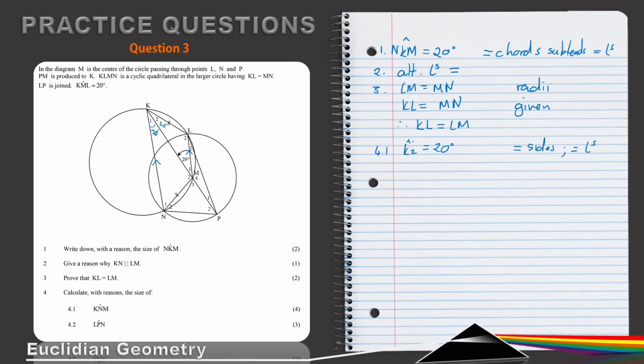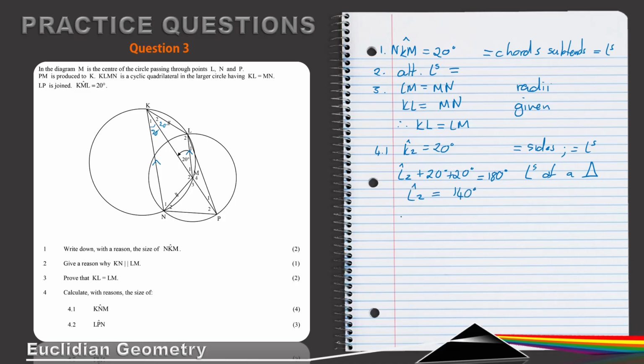right? Then we can say that angle L2 plus 20 is equal to 180 degrees because of angles of a triangle. They add up to 180, and then to solve for L2, we just take the 20s to the other side. So L2 will be 140 degrees.